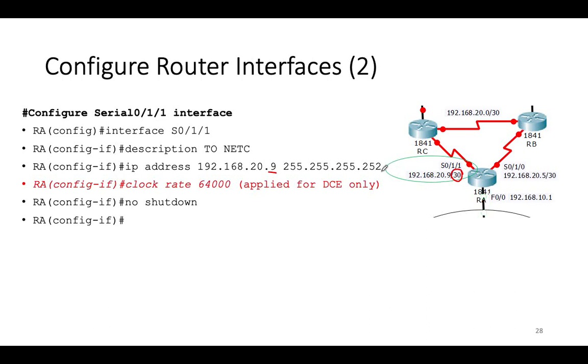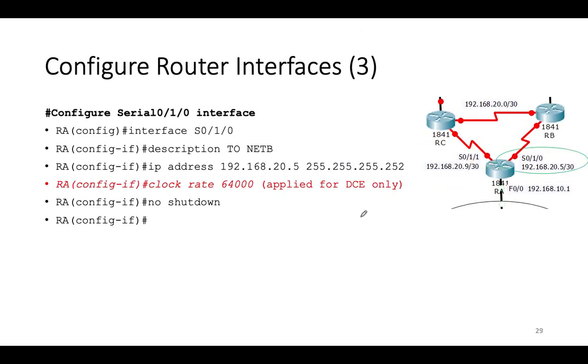If you want to know how we got this, put 30 ones and separate them into groups of eight. 1, 2, 3, 4, 5, 6, 0, 0. This will give you 255, 255, 255, and as you can see from the binary, this last one will give you 252.